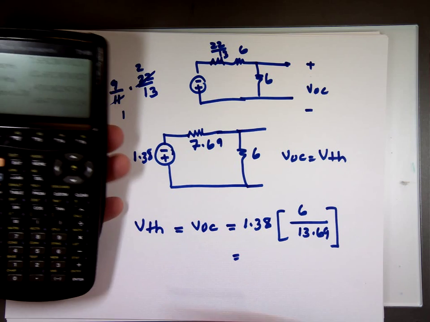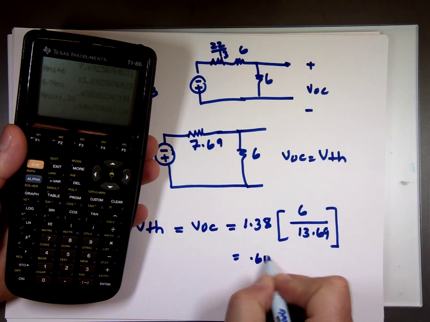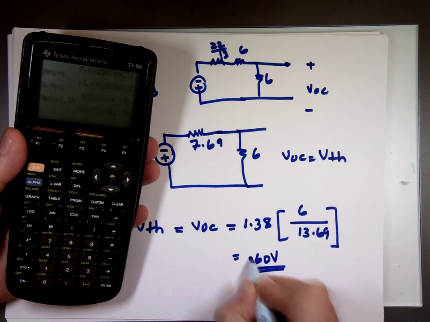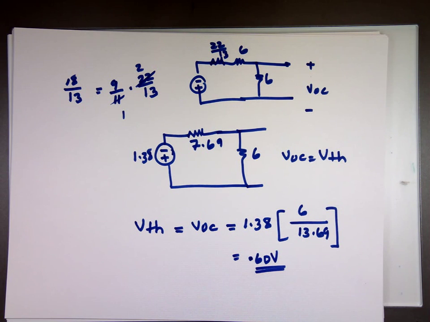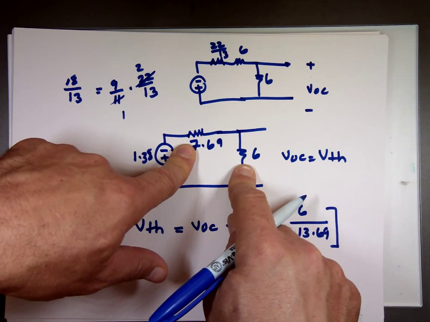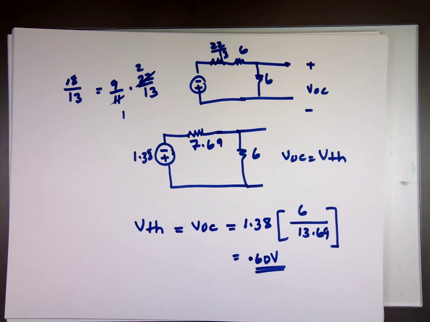I get 0.6. The voltage 0.6 volts. Where'd you get the 13.69? This plus this. That plus that, okay. So that's V Thevenin.